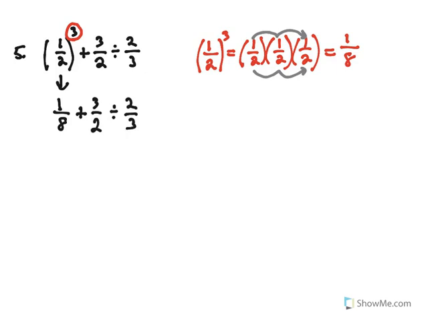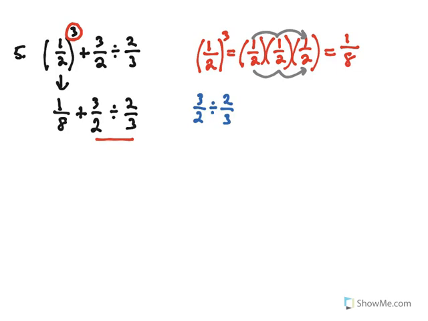So we clear the parentheses. Now we just go left to right. Notice that we have addition, which we do not do before multiplication or division. So we need to do this first. All right. So when we do that, you have 3/2 divided by 2/3.